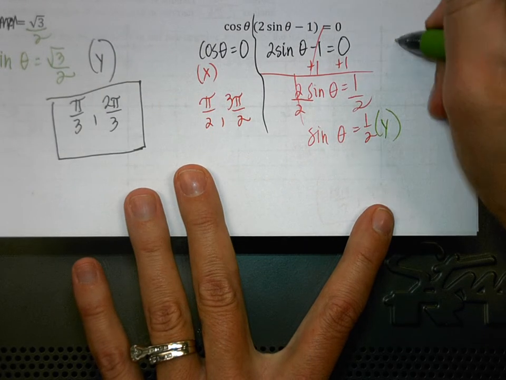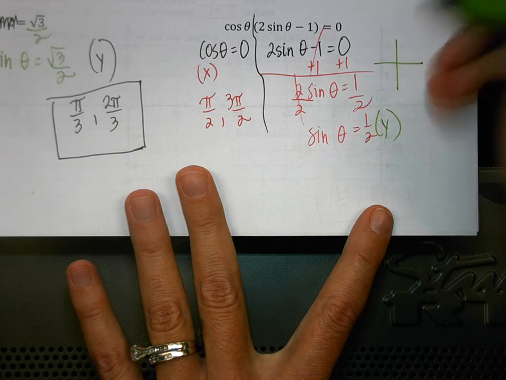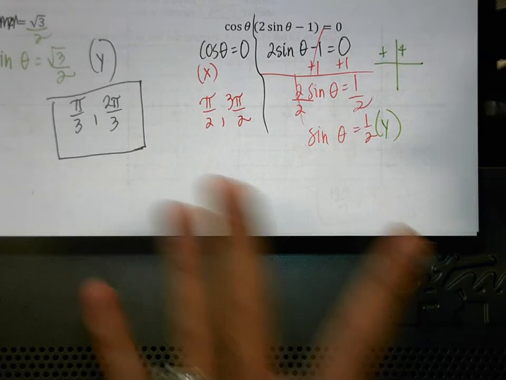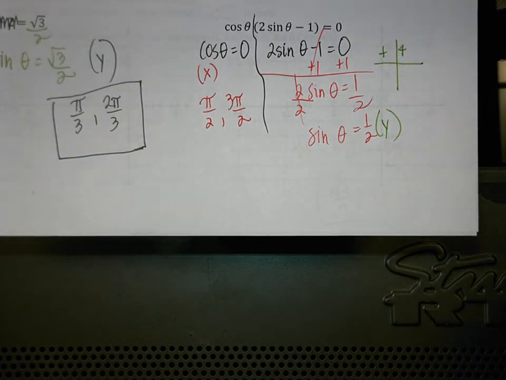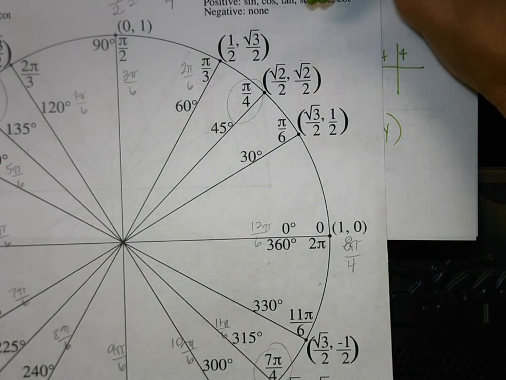Where is sine positive? Where is y positive? Which quadrants? 1 and 2. So that means we're going to look for a y value that's positive 1/2 in quadrant 1, which is what in terms of radians? Pi over 6.